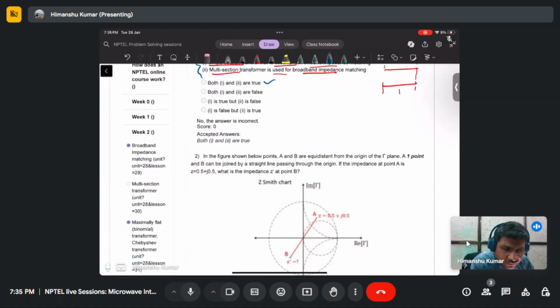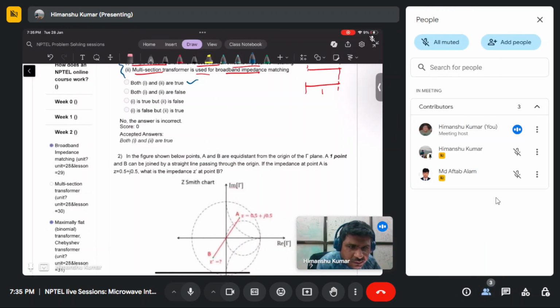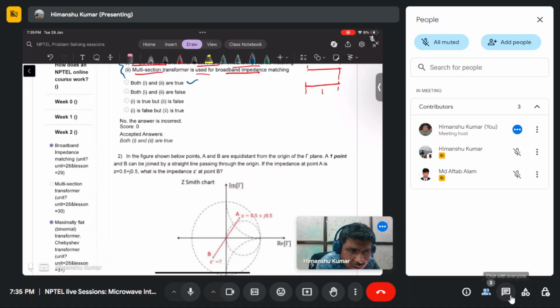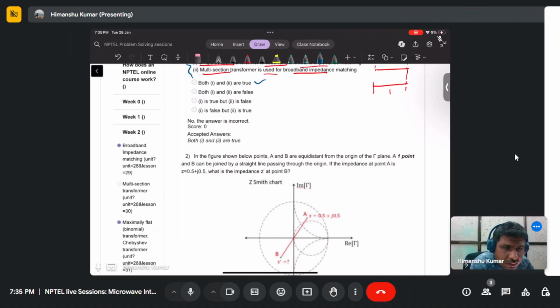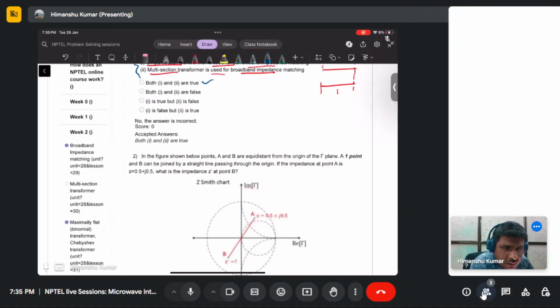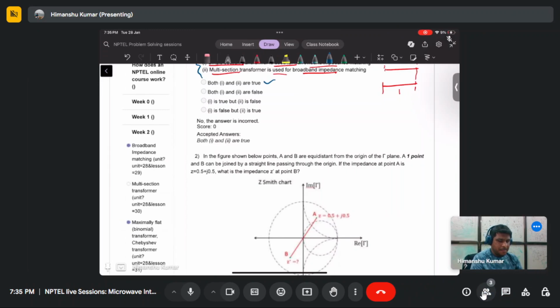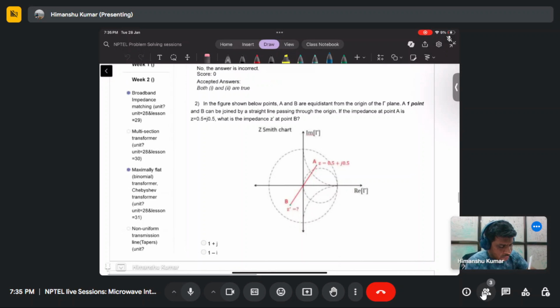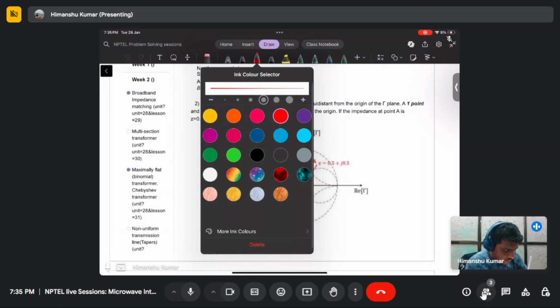If you have any doubt related to this problem, you can ask. Otherwise, we will move further. If there is no doubt, let's move to the next problem.